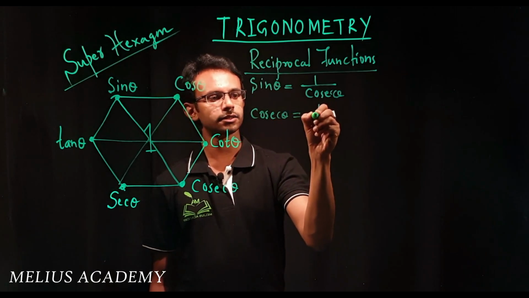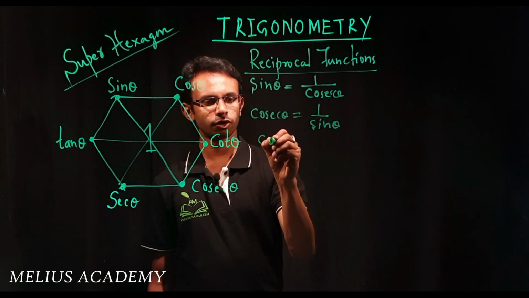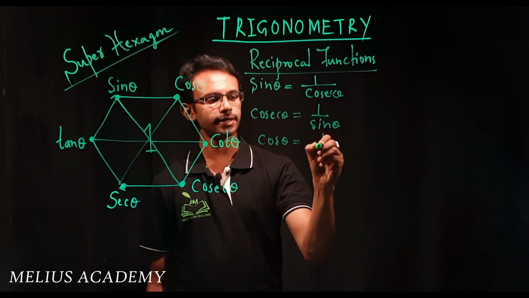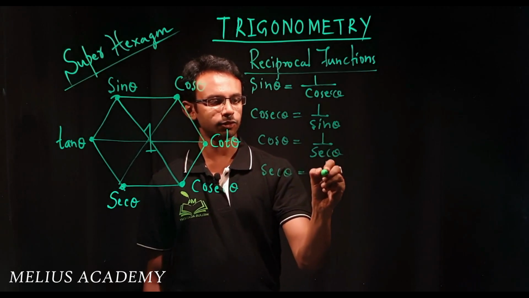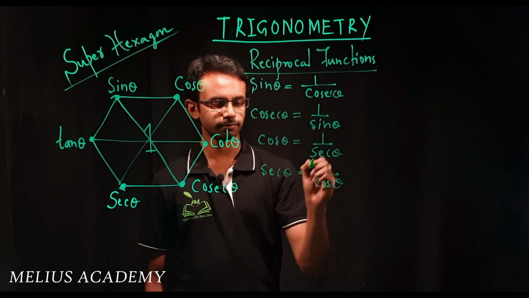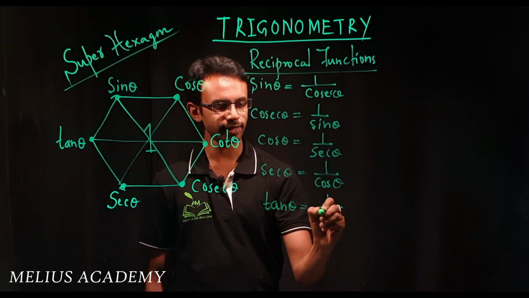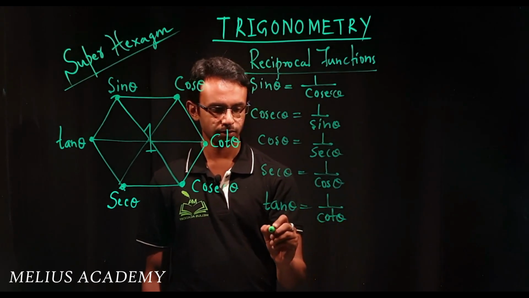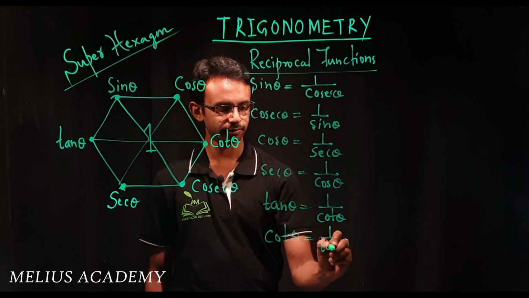Cosecant theta is 1 divided by sin. Then we have cos theta is 1 divided by secant, or secant theta is 1 divided by cos. Then tan theta is 1 divided by cot, or cot theta is 1 divided by tan.